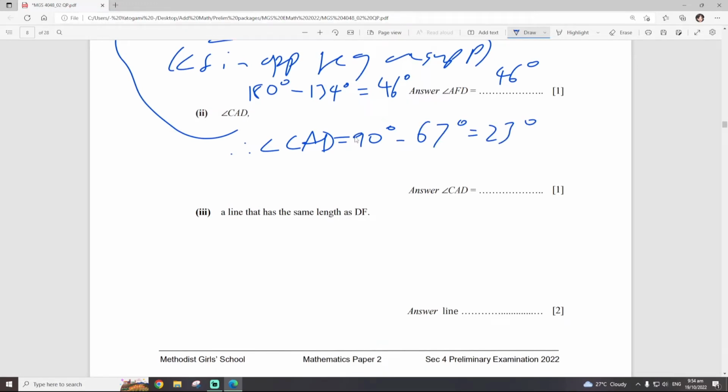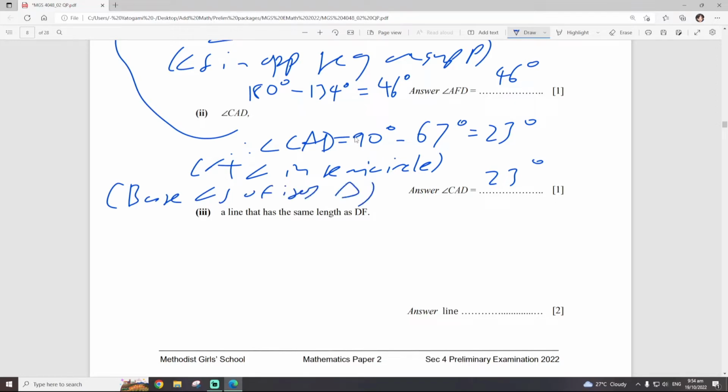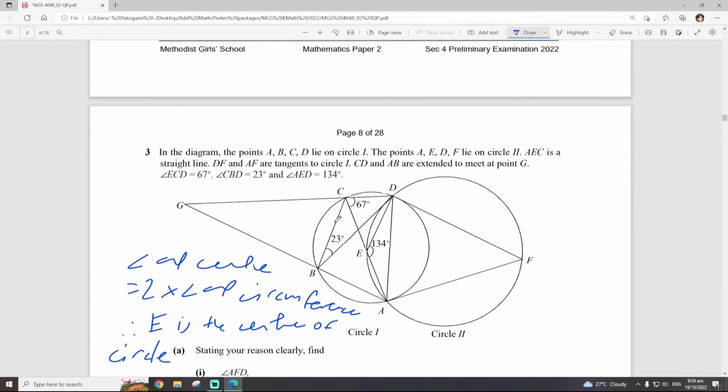Because of right angle in semicircle. One can also use the base angles of isosceles triangle method. A line that has the same length as DF.